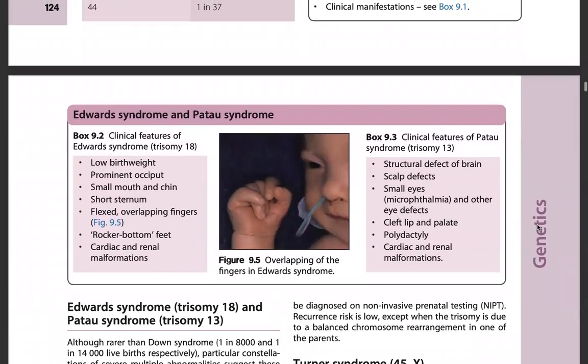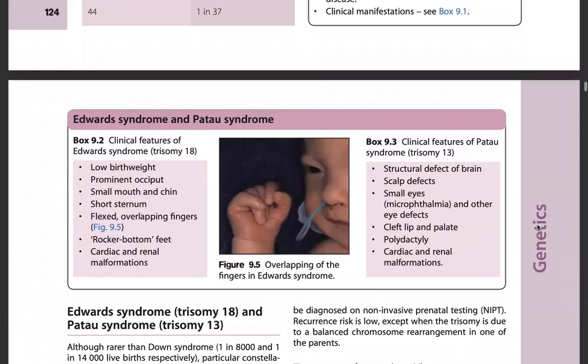Now, this is Edwards syndrome and Patau syndrome. Edwards syndrome is trisomy 18, and Patau syndrome is trisomy 13.